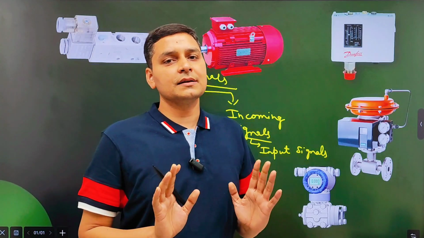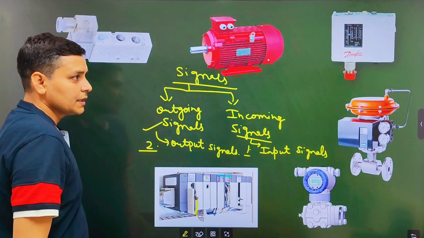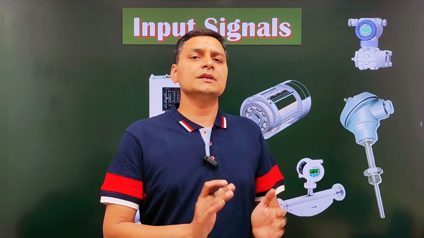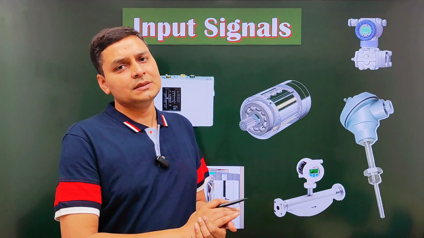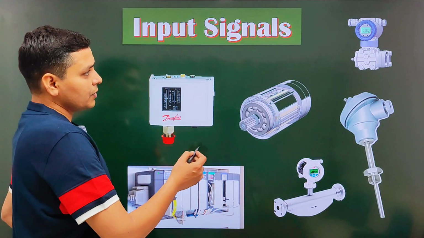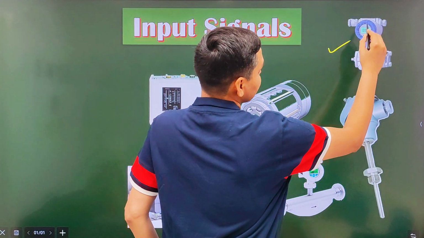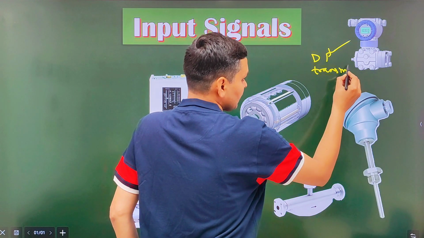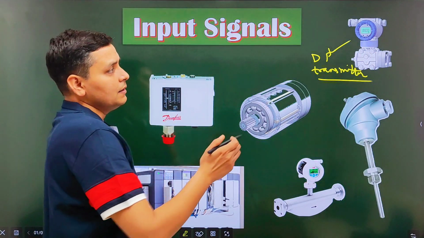So two main signals are there. First one is the input signal and the second one is the output signal. Now we will discuss them one by one. Friends, first we will discuss the input signals. Input signals are those signals that are coming from somewhere. Suppose we are using a sensor, like a DP type transmitter, then its signal will come.